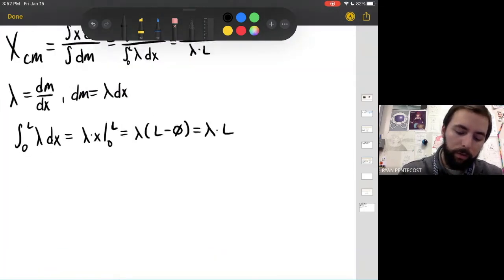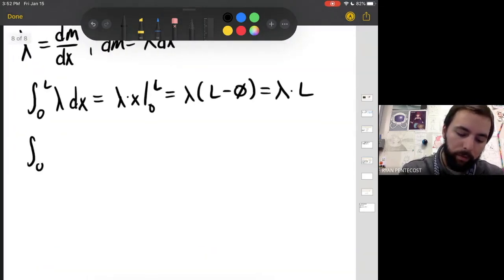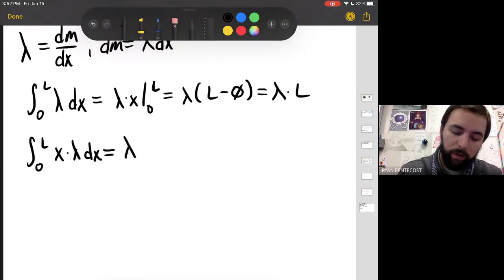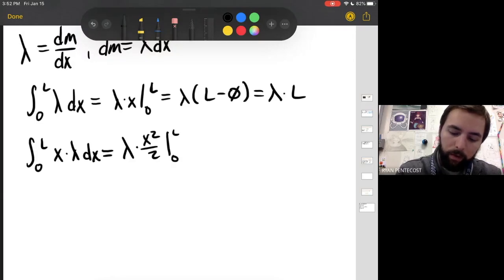Now, if we want to do the numerator, we have the integral from 0 to L of x times lambda dx. Now there's actually an x to integrate, so we will bring the constant out front. That is lambda times x squared over 2, the integral of x, from 0 to L, which means that you then get lambda times L squared over 2 minus 0.